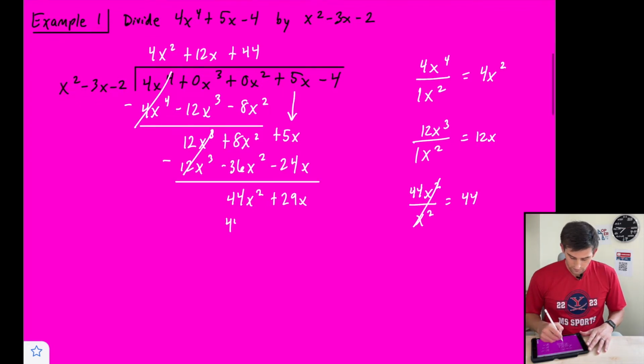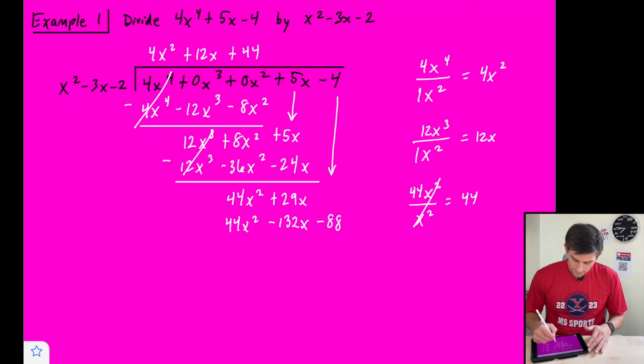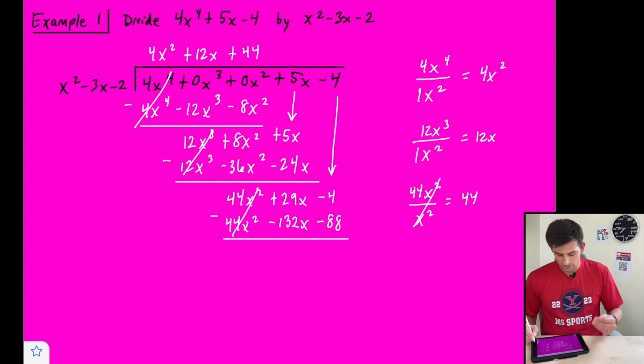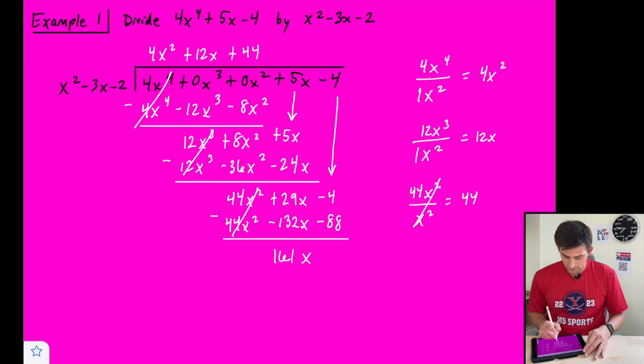We get 44x squared, and 44 times negative 3x gives us negative 132x, and 44 times negative 2 is negative 88. Now we bring down this negative 4, and we are ready to subtract. Once again, that first term cancels out, and now we have 29x minus negative 132x, or 29x plus 132x, and we get 161x.